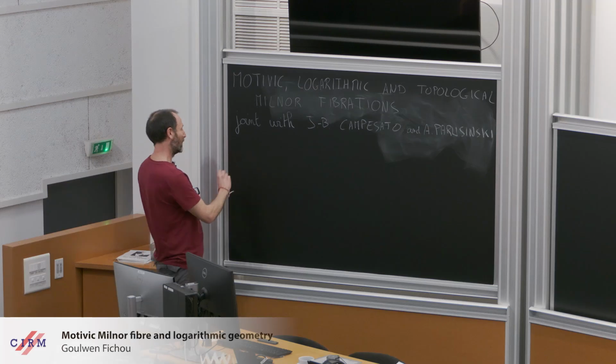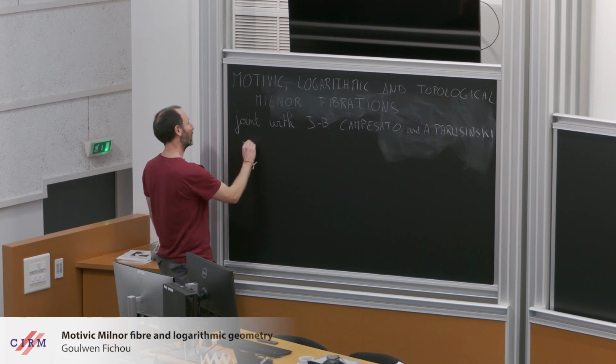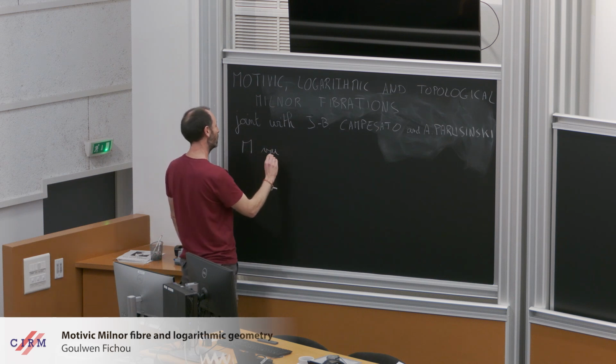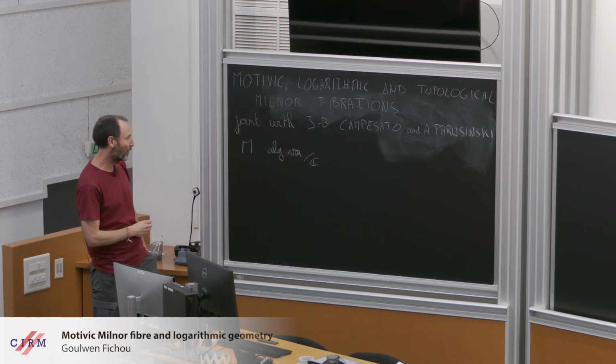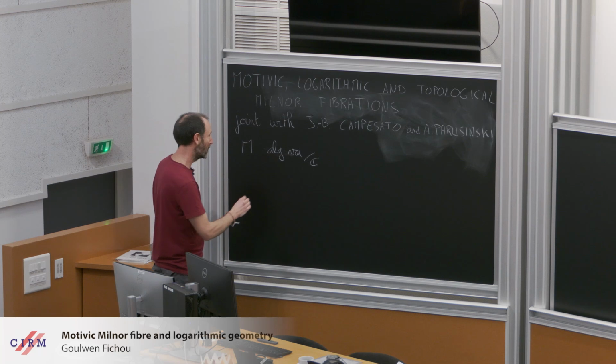So let's say that we take some algebraic variety over C and take some regular function on it.